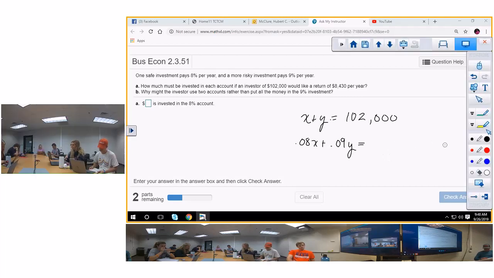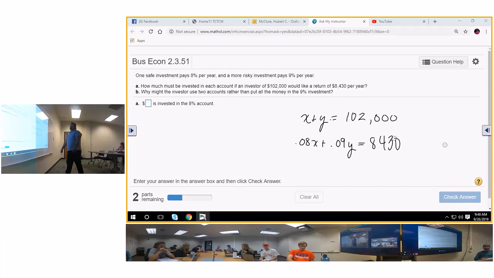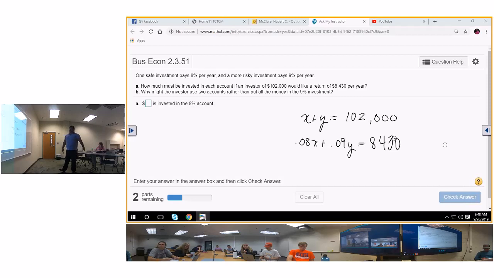And that's how you do that one. Now I have gone over enough solving systems of equations, so I'm going to go ahead and set that one up. I would multiply through by 100 on the bottom, and then just use elimination or substitution or graphing or whatever to solve that.